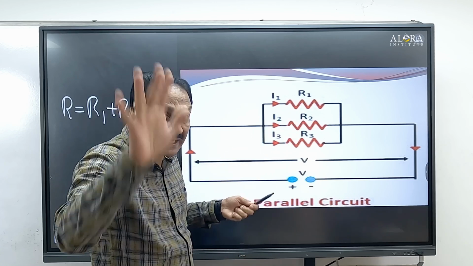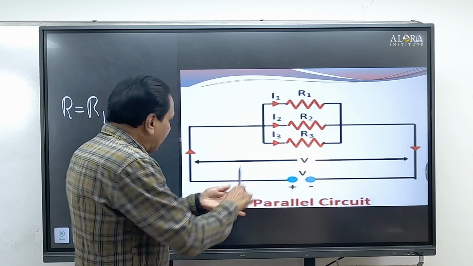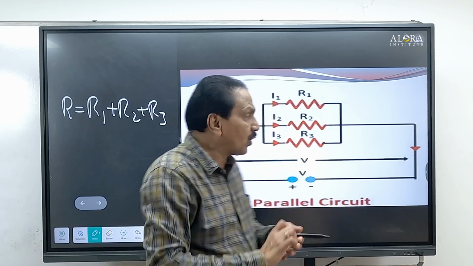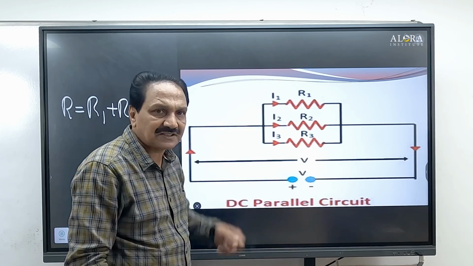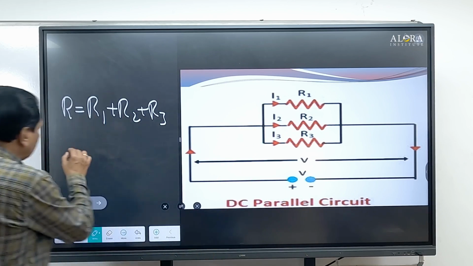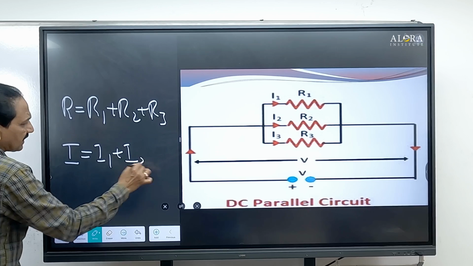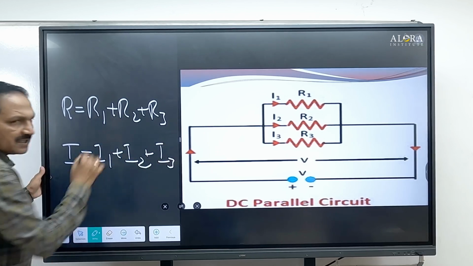Even though the main current is divided into three parts, the total current is always equal to the sum of the three currents. I, the total current, equals I1 plus I2 plus I3.